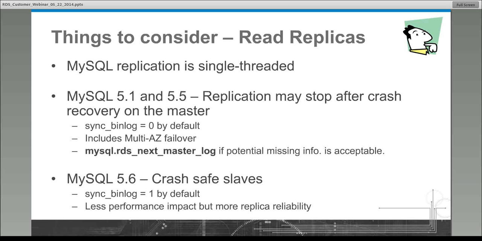Another thing is if you're using MySQL 5.1 and 5.5, the ability for replication to be reestablished after a primary or master crashes and crash recovery is done on that master is not completely guaranteed. The reason, which is a little subtle, is that with 5.5 and 5.6, the default for the sync bin log function is set to 0.